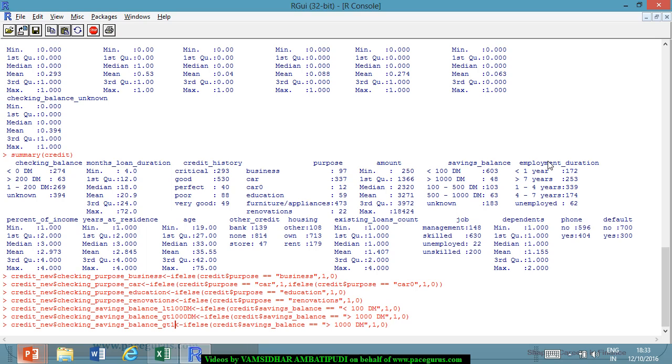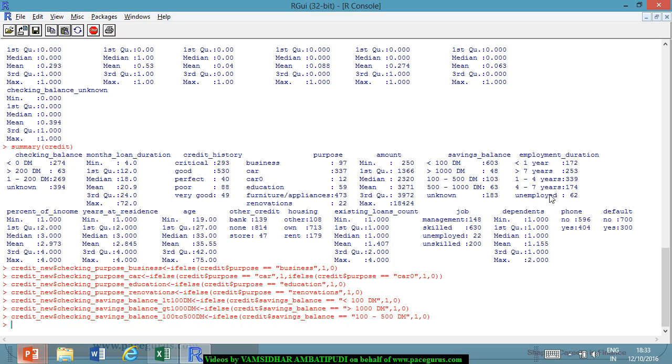100 to 500 DM, where in this balance I am setting it equal to 100 to 500 DM. Probably we'll save this data so that for all other purposes we can very well use it at a later point.